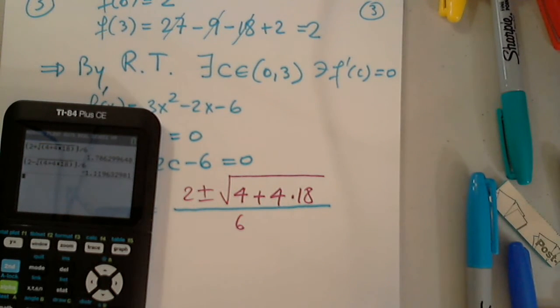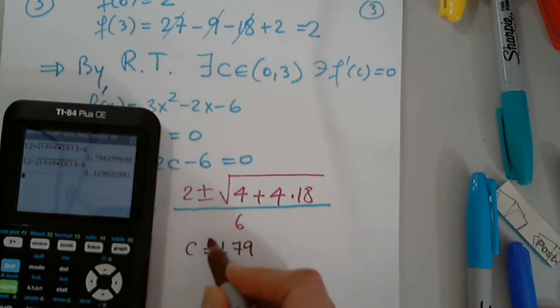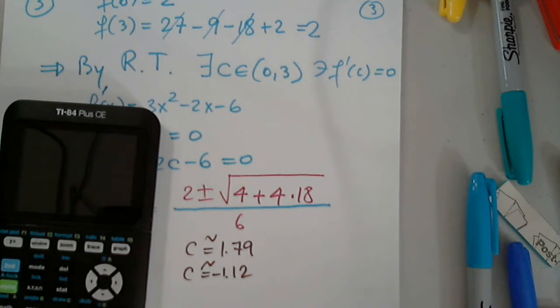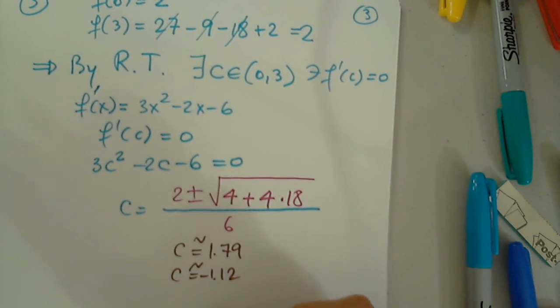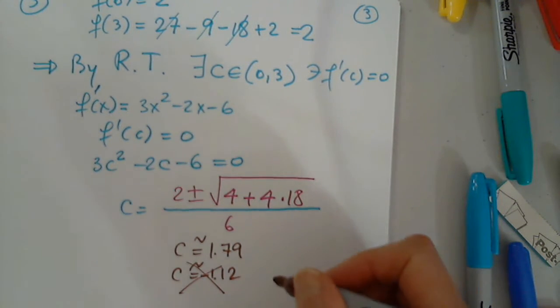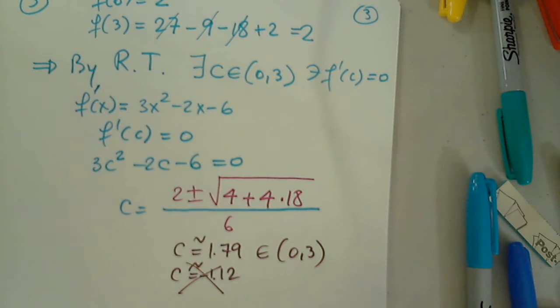So I got C approximately 1.79, and the other C approximately negative 1.12, which means that this one is not in the interval (0, 3), but 1.79 is. So this is guaranteed by Rolle's theorem.